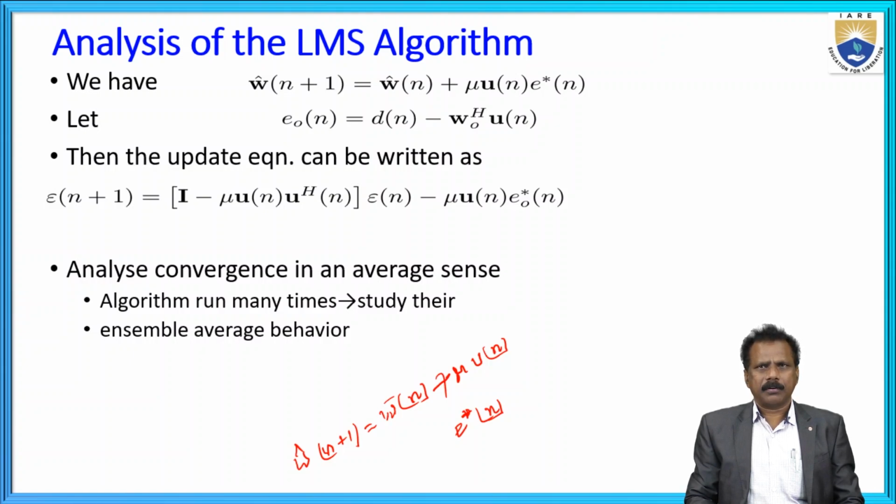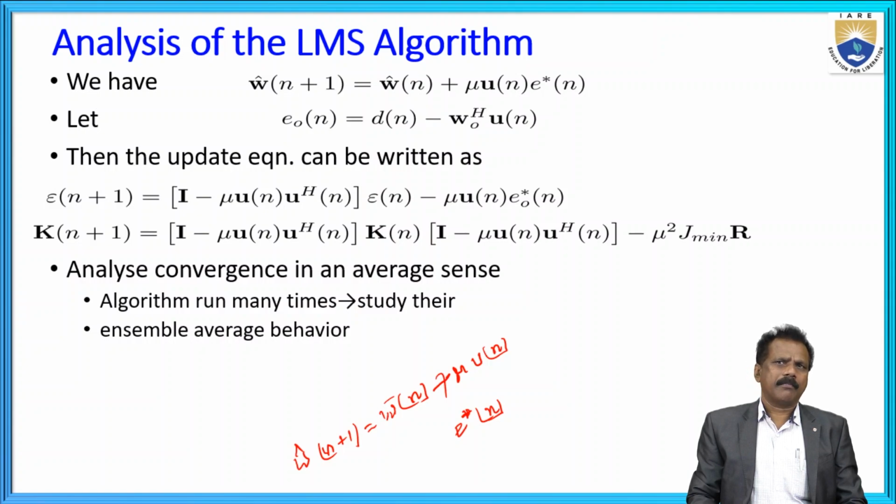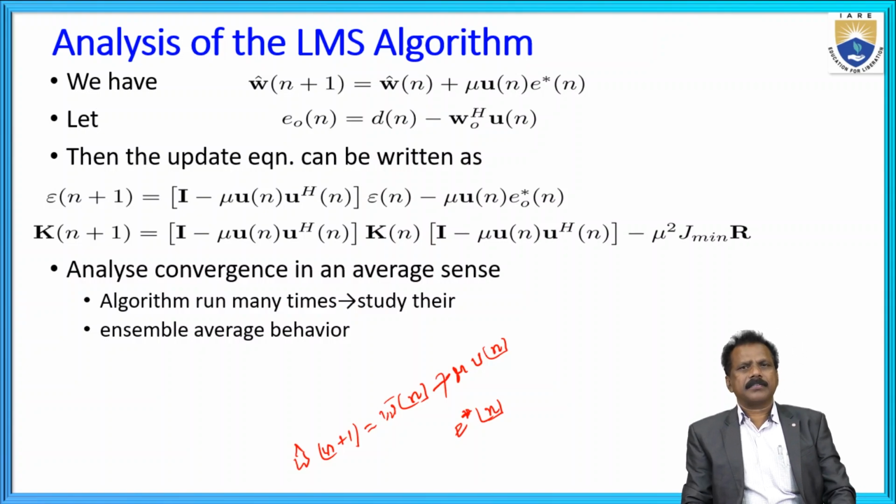So k of n plus 1 is equal to I minus mu u of n u h of n, k of n, minus mu square into j minimum r. So that analyzes convergence in the average sense.